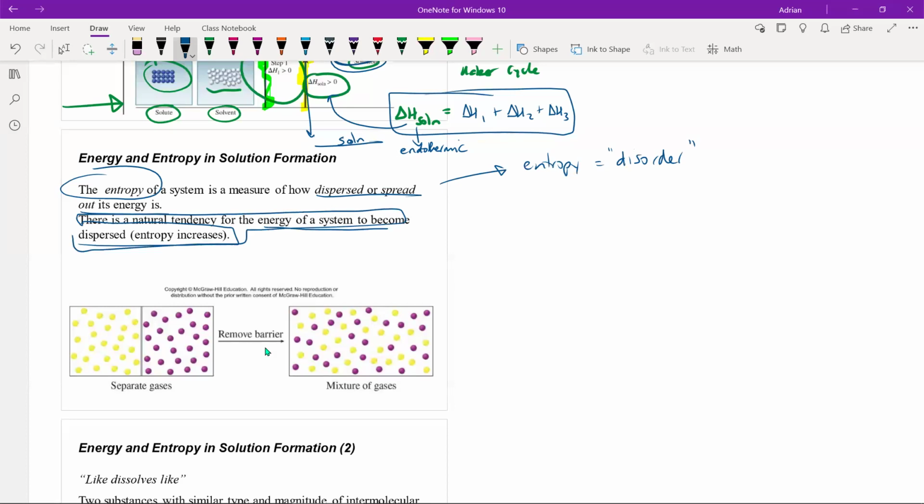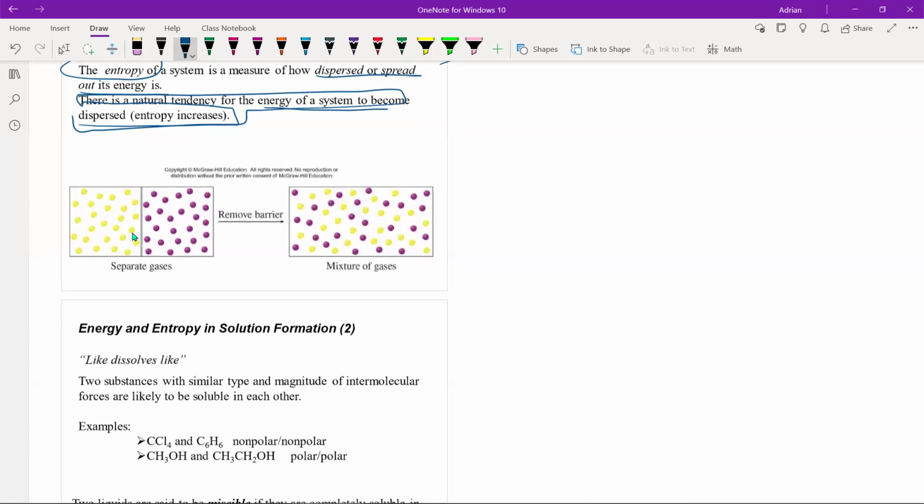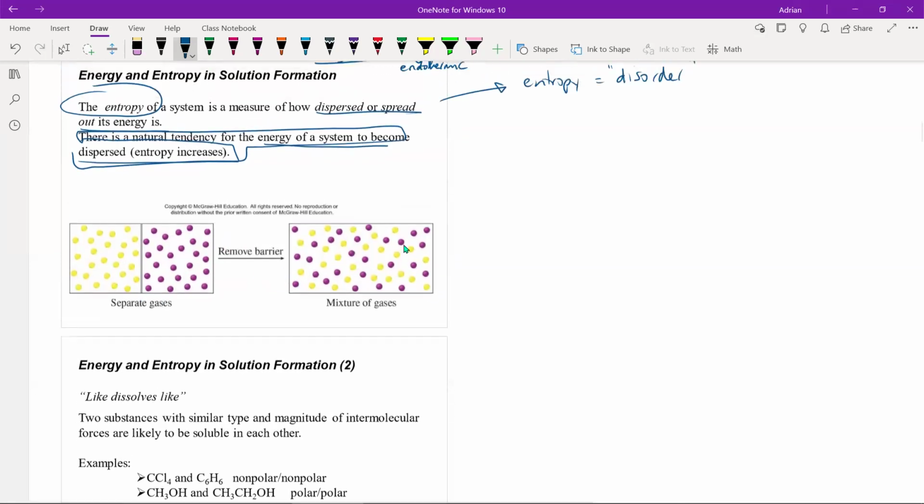So for example, if you have two gases here, the yellow gas and the purple gas, and they're separated by a barrier. If you were to remove that barrier, what you would actually find is that those gases will, on their own, mix together, spread out, and occupy the entire volume of the combined container, because that increases the entropy of the system.